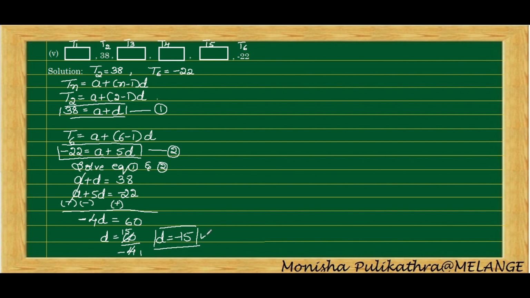So when we get the common difference, we need to find the value for A, the first term. So substitute this D is equal to minus 15 either to equation 1 or to equation 2. Now I am substituting it to equation 1. So equation 1 is 38 is equal to A plus D. So 38 is equal to A, here D value is minus 15.